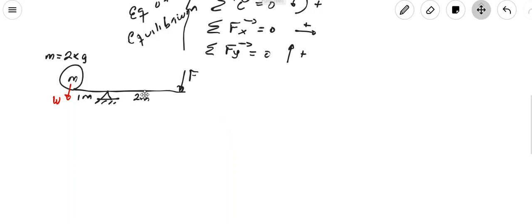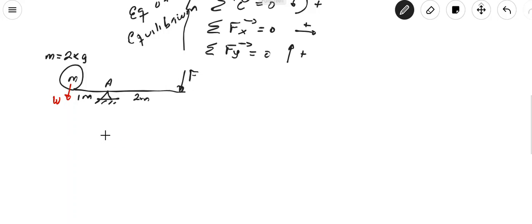Now, as I have only one unknown, the force F, I'm going to apply the equation of the sum of torque with respect to the fulcrum, that means with respect to point A here, and doing this sum of torque, I will be able to find the force F that is going to balance this lever.